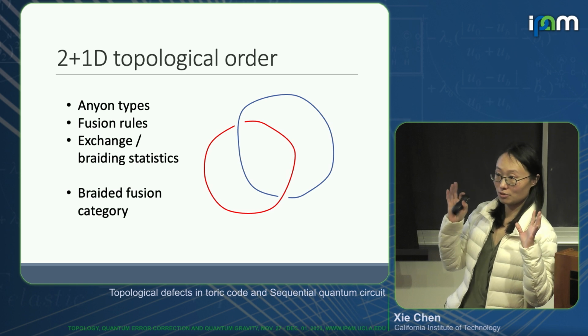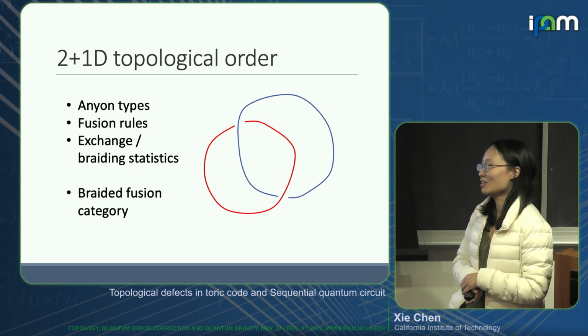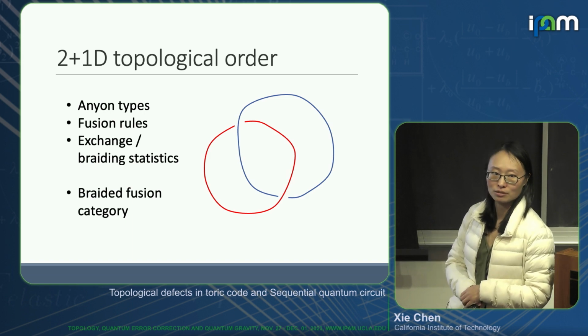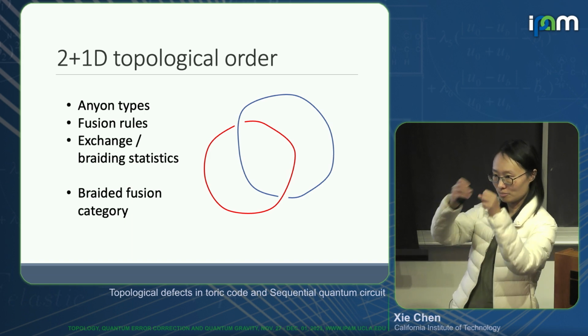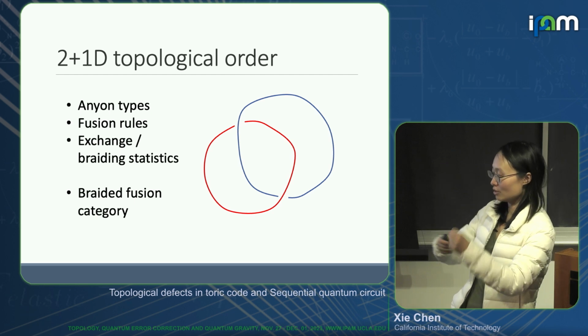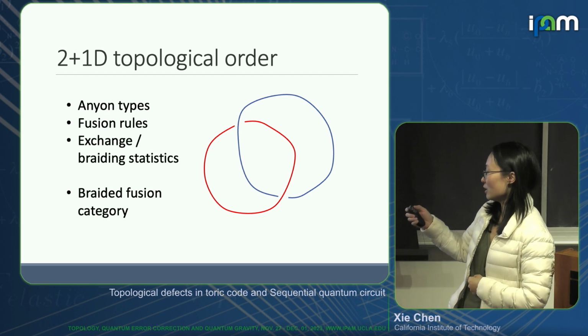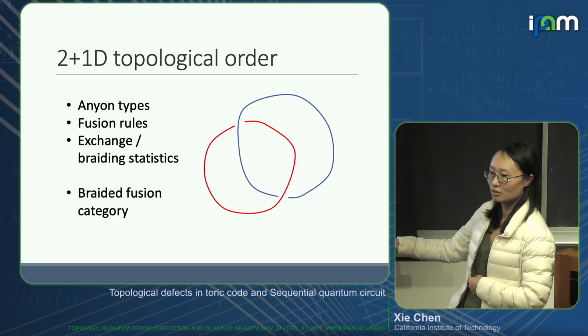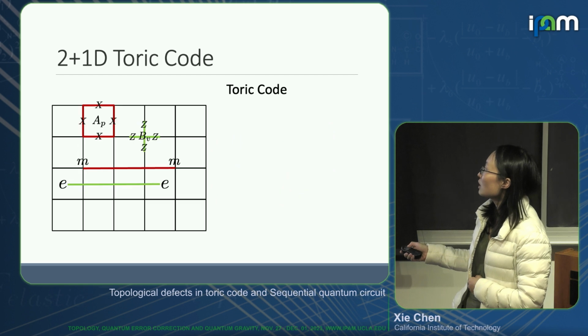This is just a big word I learned from math. But my understanding is that mathematically, this is a pretty well understood structure. Starting from objects, and then there's fusion, and then there's statistics, there's a very nicely understood structure in terms of this braided fusion category.